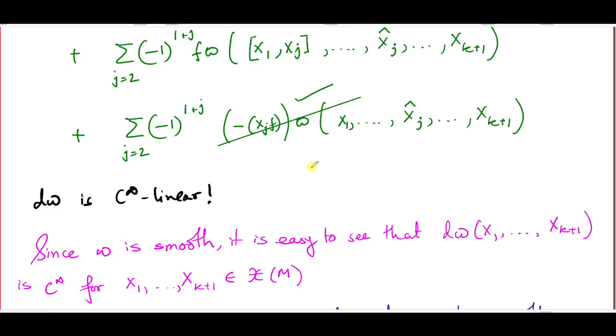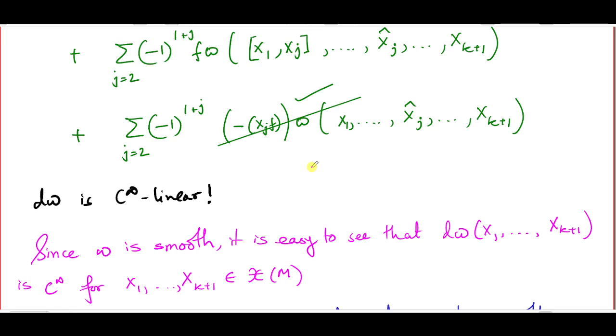So the fact that d omega takes in k plus 1 smooth vector fields and produces a smooth function, both R-multilinearly and C-infinity multilinearly, proves for us that it is a valid smooth 0 k plus 1 tensor field.